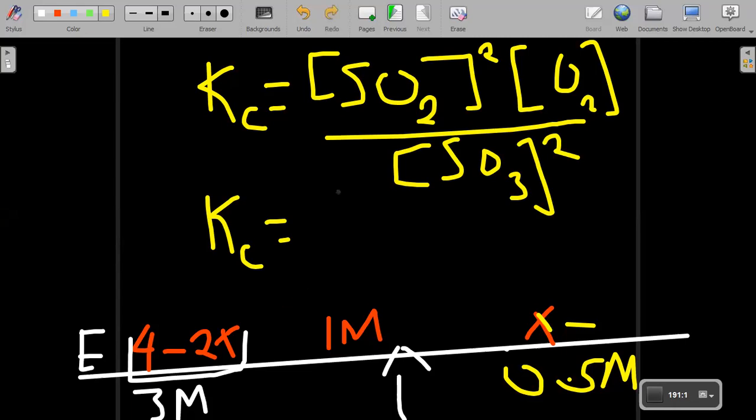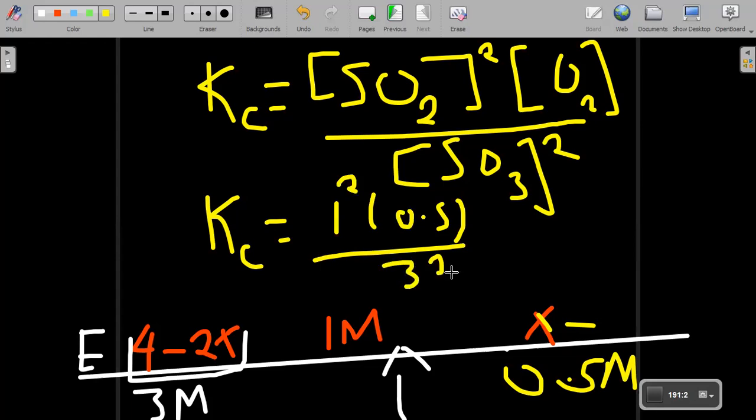So 1 squared multiplied by the oxygen, or 0.5, divided by the SO3, which is 3 squared. So 1 squared is just 1. 1 by 0.5 will just be 0.5. So we have 0.5 as our numerator. Then for our denominator, it will just be a 9.